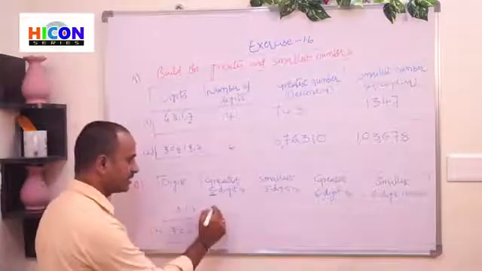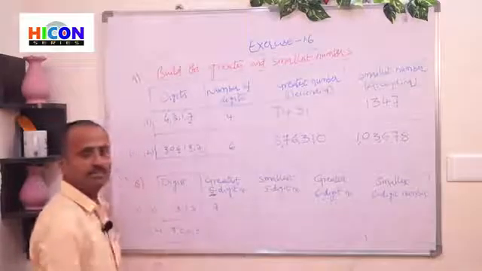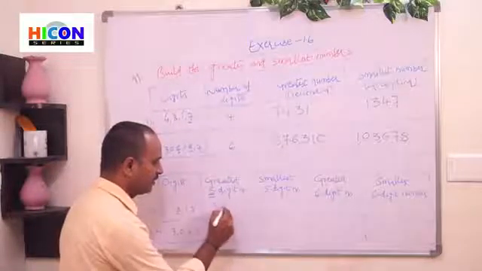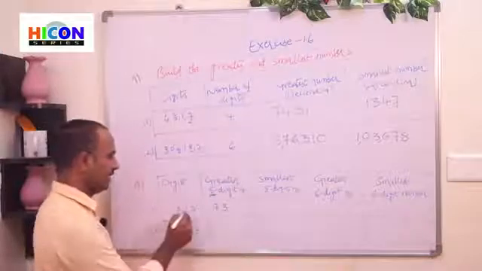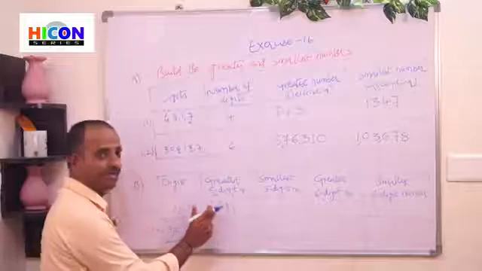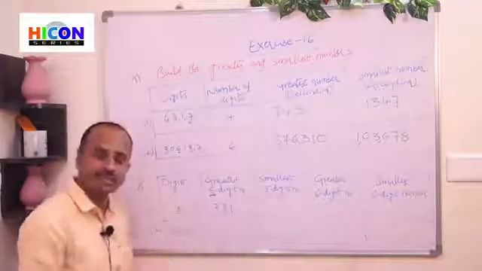Which one is greatest? 7 is greatest. After 7, which one is greatest? 3 is greatest, so write 3 after 7. There is remaining 1, so write the remaining digit last. 731 is the greatest 3-digit number.